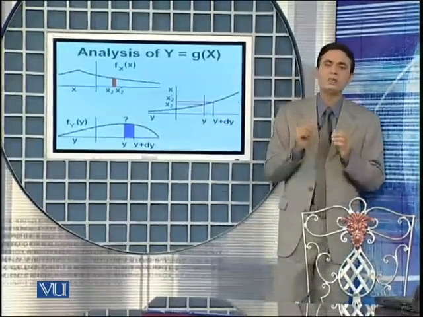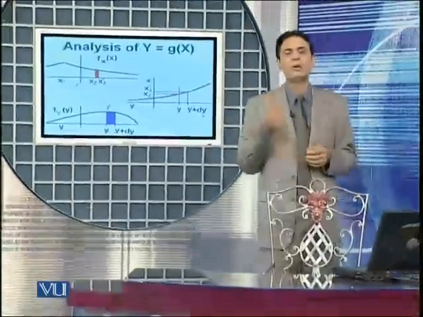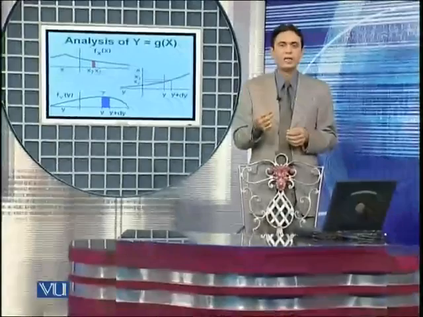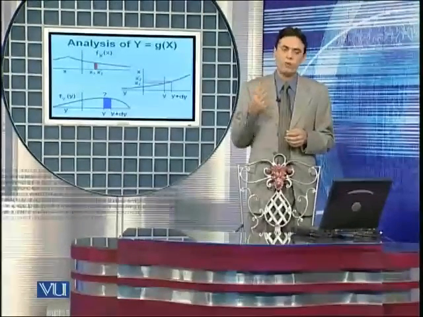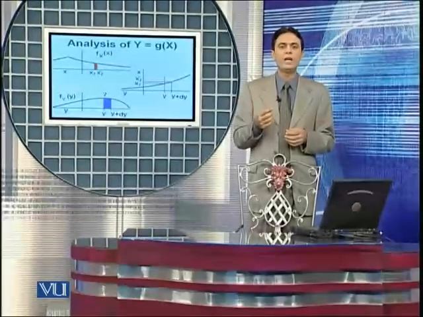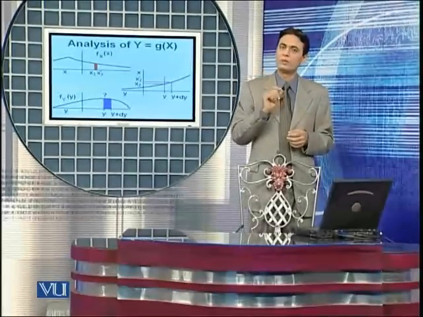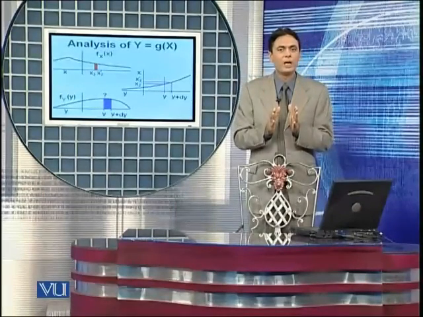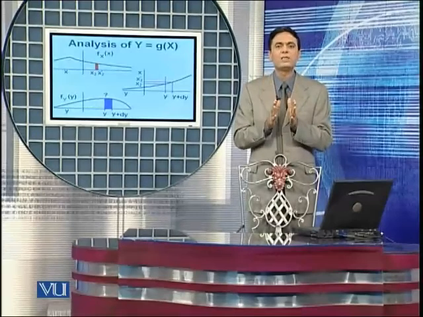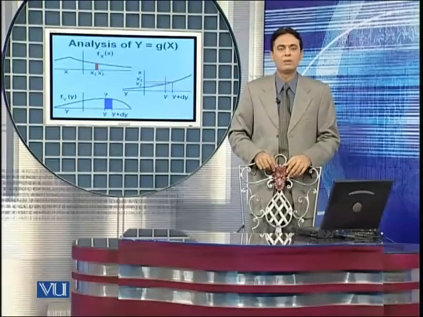If you equate these things, it's easy to see that the value of PDF of y at a general point y is equal to value of PDF of x at inverse image of that point y multiplied by the value of derivative of inverse mapping h at that general point y.